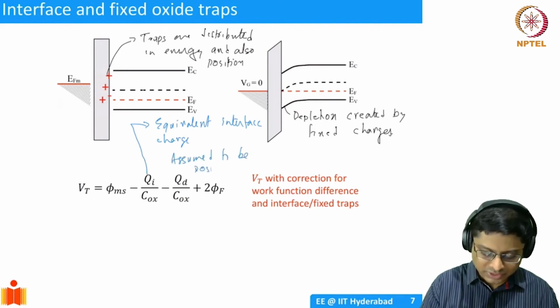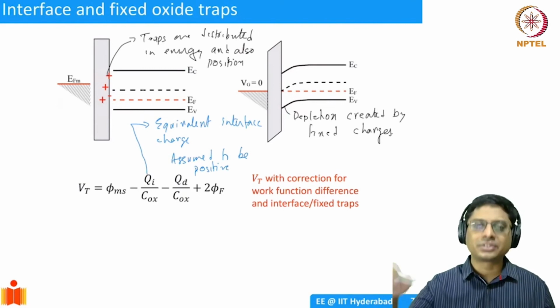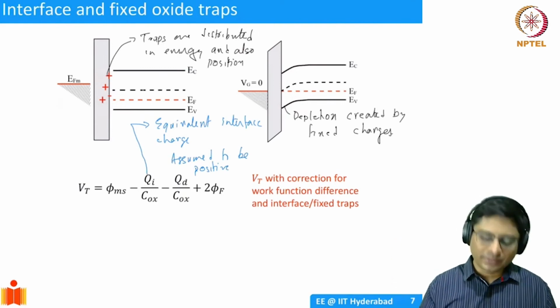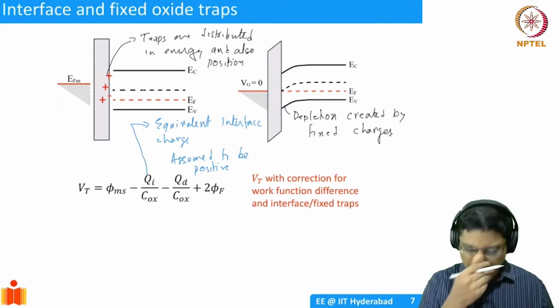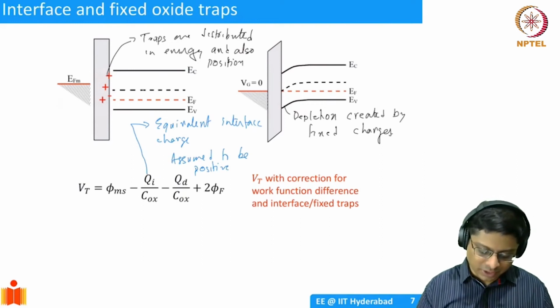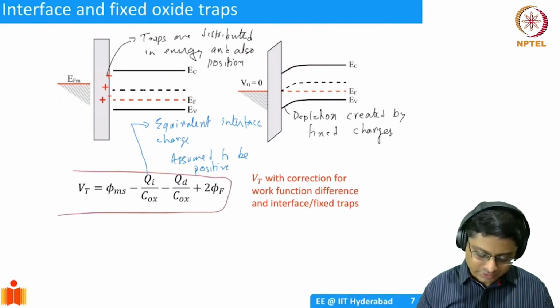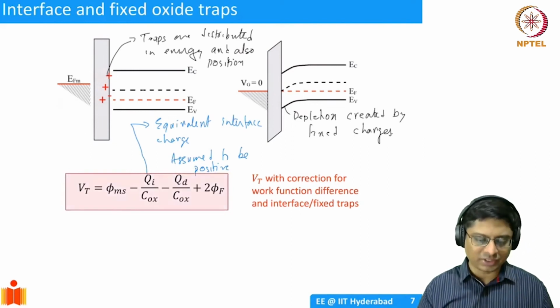Positive right now. If your equivalent charge is given as QI, that's the interface charge. If it is given as some negative charge in coulombs, then we have to put that minus. So right now in this expression, this is positive. Once you have it, your VT will be modified. How does it get modified? Well, the expression is this. You have the ideal MOS capacitor, and then there's an additional correction because of this.